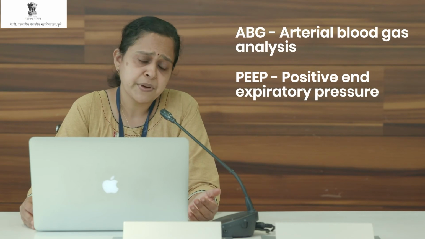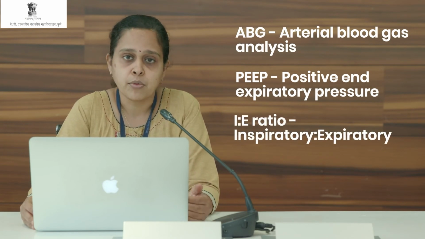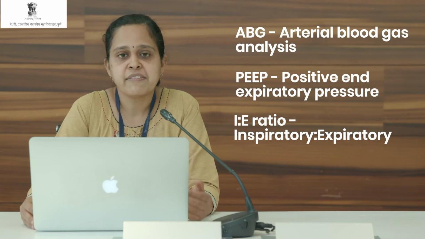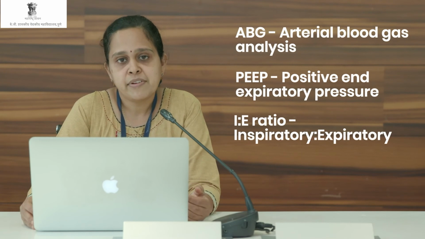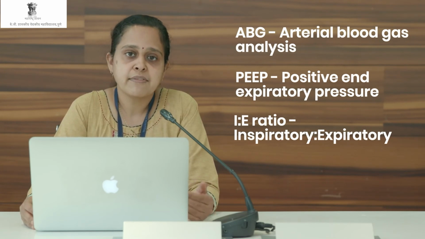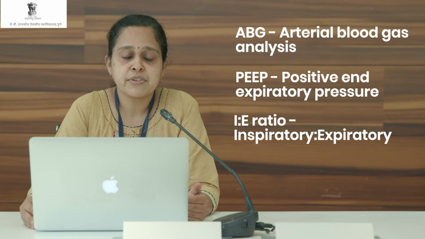The inspiration-expiration ratio has a very vital role, because when you're managing most of the COPD patients, the obstructive airway disease patients, they benefit from prolonged expiration. But here, if oxygen saving or improving of oxygenation is desirable, one can adjust the inspiration-expiration ratio.